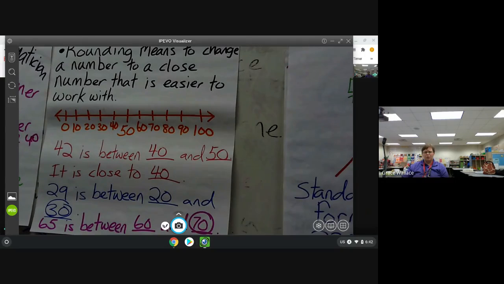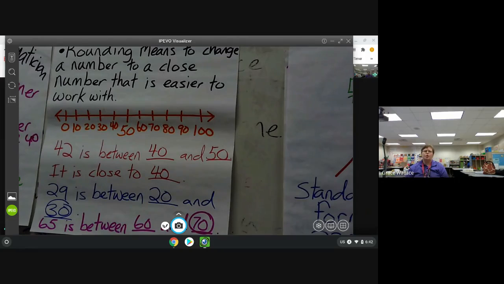So if I started at 0 and I counted by 10 till I got to 100, those tens are my benchmarks. So my benchmarks are 0, 10, 20, 30, 40, 50, 60, 70, 80, 90, and 100. Those are my benchmarks when it deals with rounding to the nearest 10. To the nearest 10, I'm working on those benchmarks.